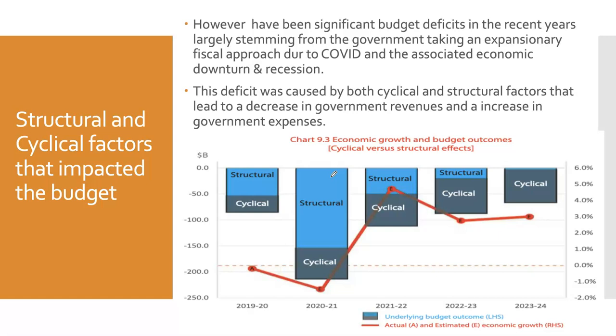So what has been happening in the recent past and in the future? We know in Australia that we have had significant deficits, and you can see in this chart, 2019 all the way to the proposed 2024, significant deficit. So the underlying, left-hand side, significant deficits, because this is all deficits.